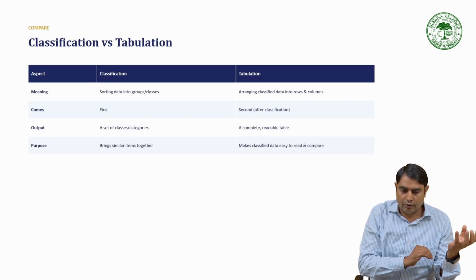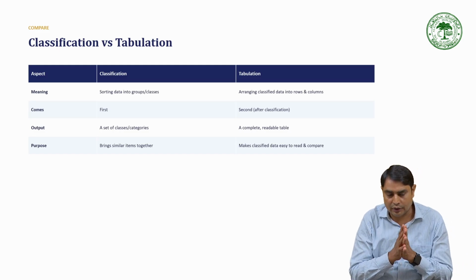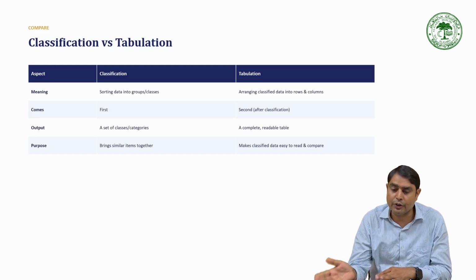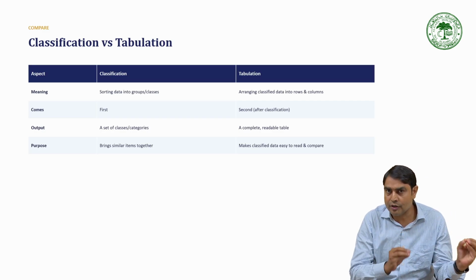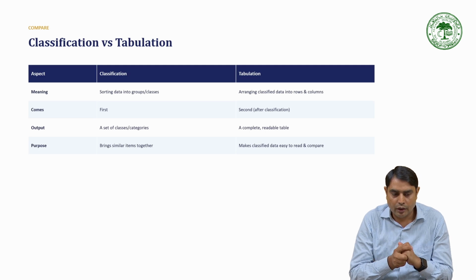When it comes to which is first and which is second, classification is followed by tabulation, and tabulation is preceded by classification. So you need to do classification of the data first, then you move to tabulation.